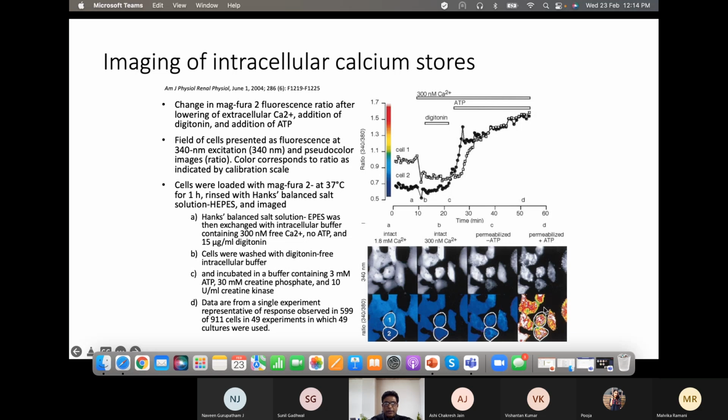You have to keep in mind that there are three main components: the leaky channels, which bring in calcium from the environment into the cell and also release some calcium from within the cell to the outside. Plus, you have calcium in the cytosol at any given point of time when an event is taking place. And besides that, you also have calcium in the various stores, primarily in the endoplasmic reticulum or the sarcoplasmic reticulum or the smooth reticulum, right?